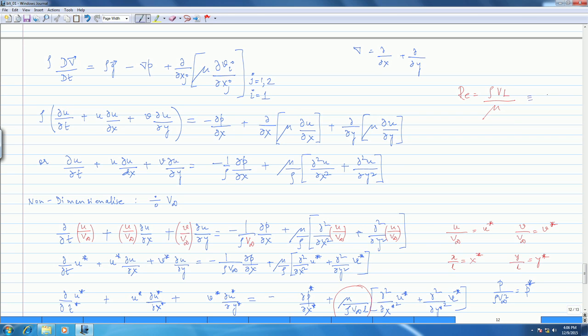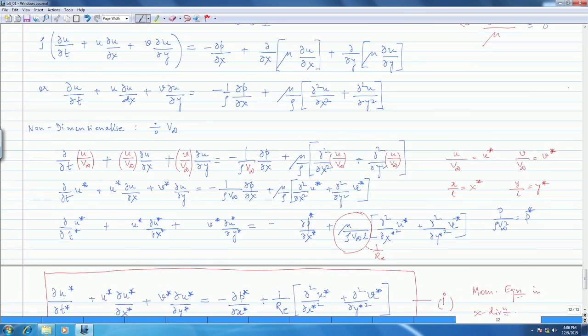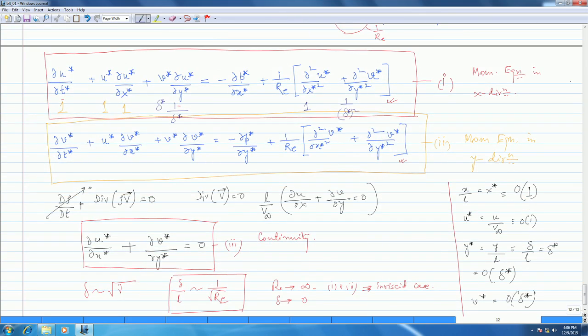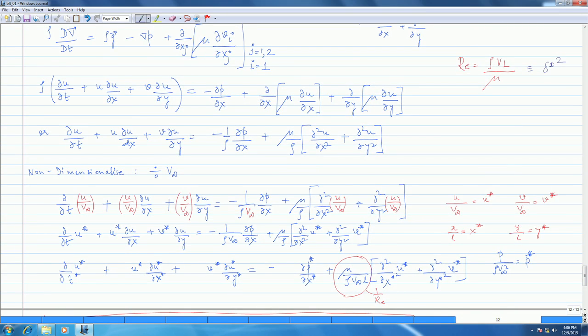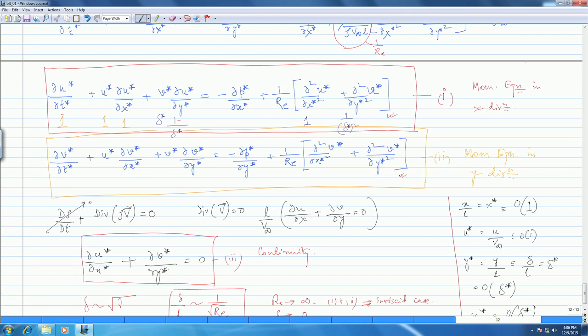In my opinion, you can cross-check that, 1 by Re should be of the order delta star squared.